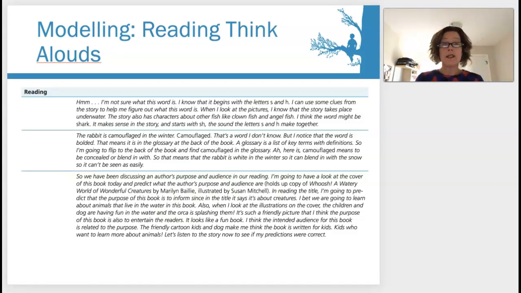I'm just going to read this definition. Think aloud to make the internal processes of reading and writing visible as the teacher uses prompts and questions to share his or her thought process with the students. Okay, so you're actually thinking out loud, but you're thinking through a strategy that you want your students to use. This is the time of really explicit teaching.